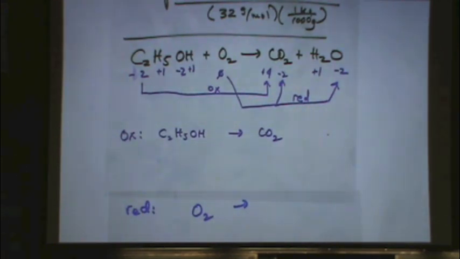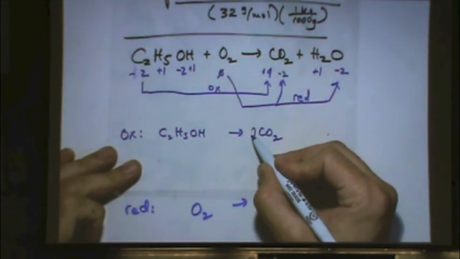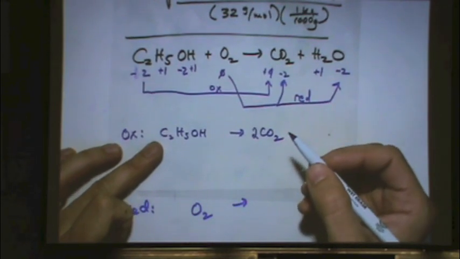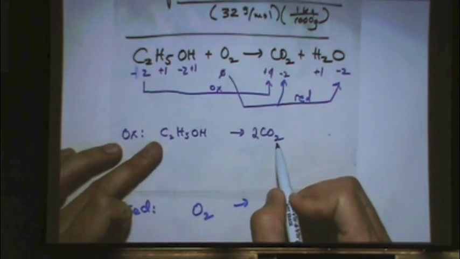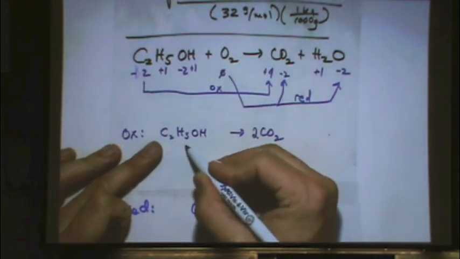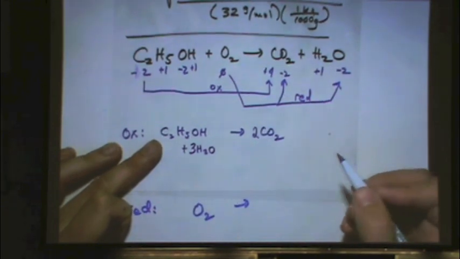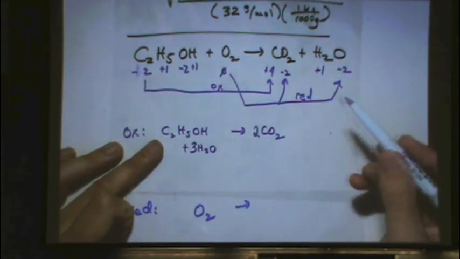Alright, let's do it. Step 1, balance whatever is not oxygen or hydrogen. That's carbon by inspection. 2 carbons on each side. Step 2, balance the oxygens with water. So there's 4 oxygens here, there's 1 here. So I need 3 H2Os. And then step 3, balance the hydrogens.